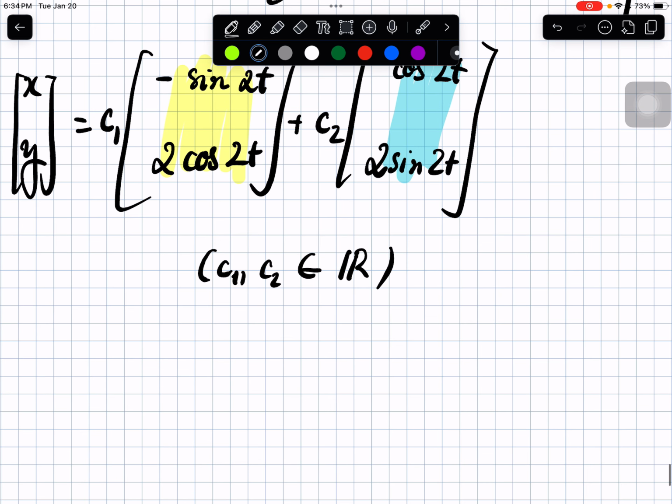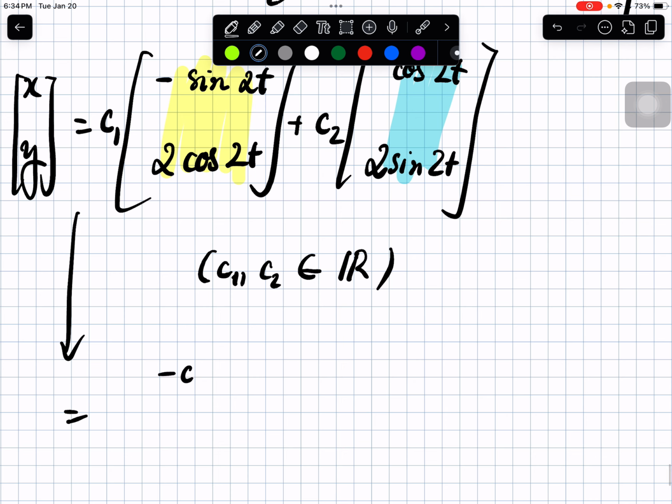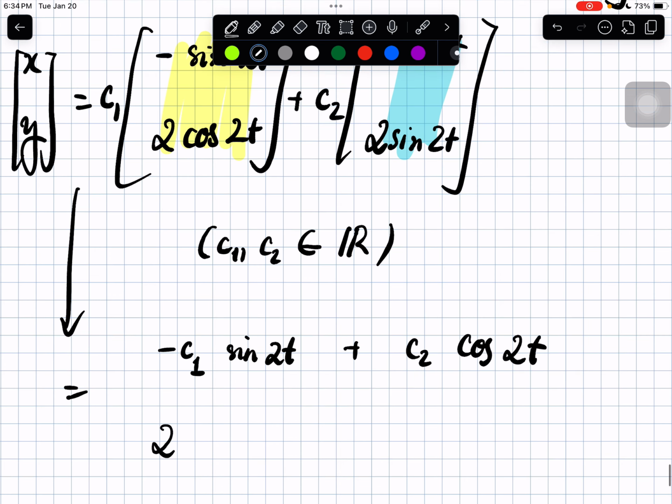In case you want to write more, x equals minus c1 sine 2t plus c2 cosine 2t, and y equals 2c1 cosine 2t plus 2c2 sine 2t.